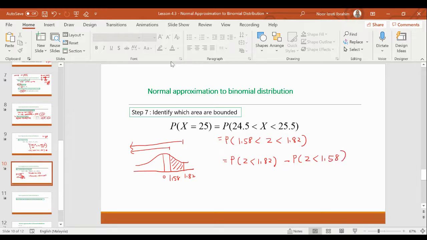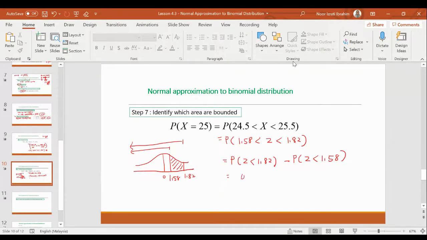Why do we have to do this adjustment? Because the table only gives us Z less than. So probability when Z less than 1.82, you look at the table, row 1.8 and column 0.02, the value is 0.9656.